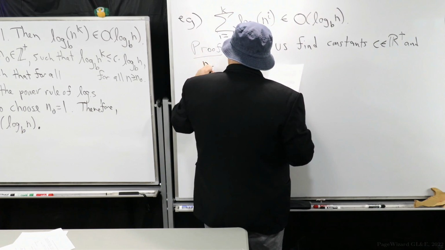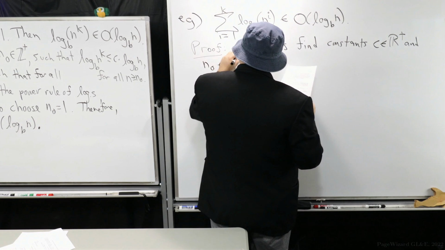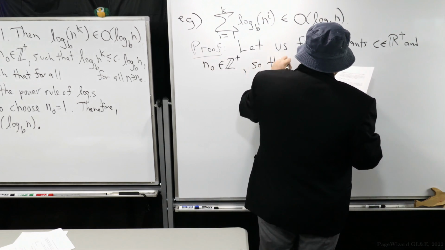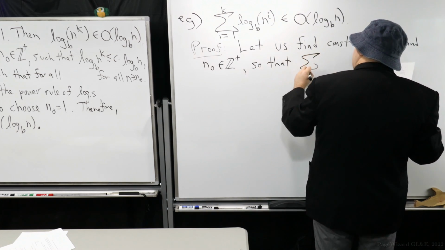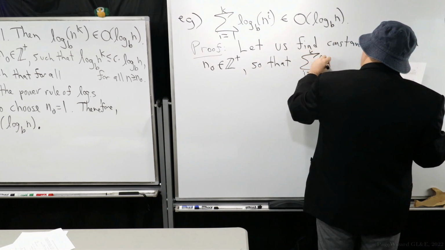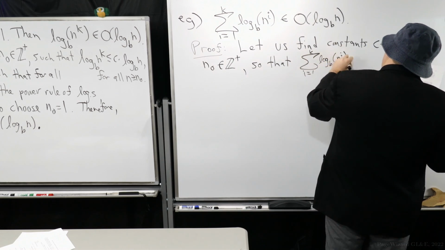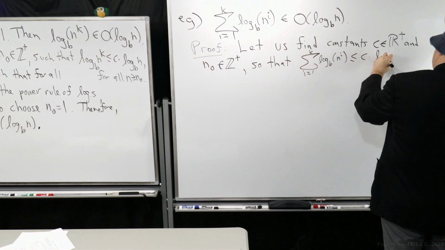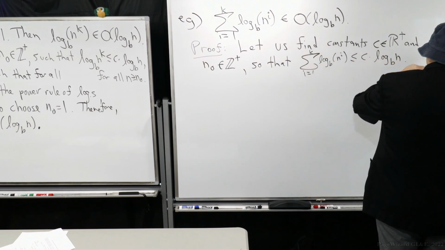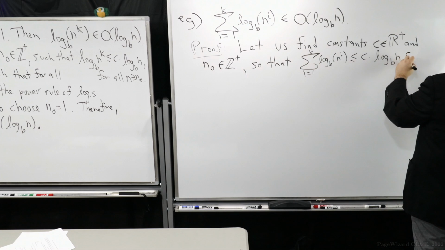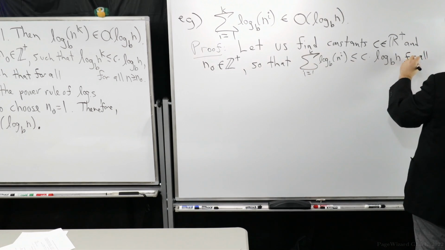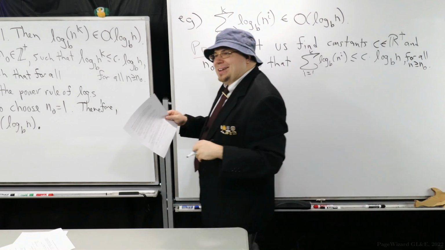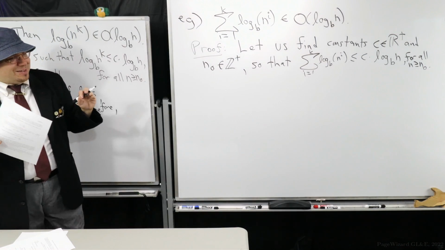And n0, which is a positive integer, so that the sum from i equals 1 to k of (log base b of n) to the power of i is less than or equal to c times log base b of n. And this has to be for all n greater than or equal to n0. That's an important detail. It's a very important detail. Don't miss that.